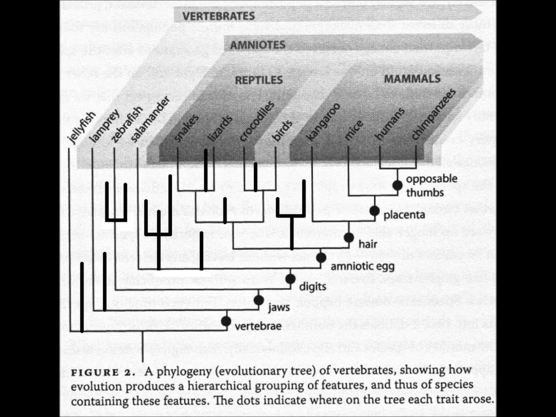In fact, we do have a better fossil record now than we did before, but the chances of a fossil that's found here being an ancestor of something that's alive today is actually very low.